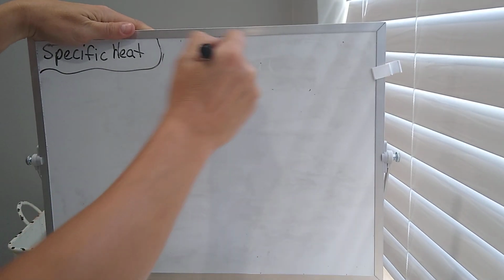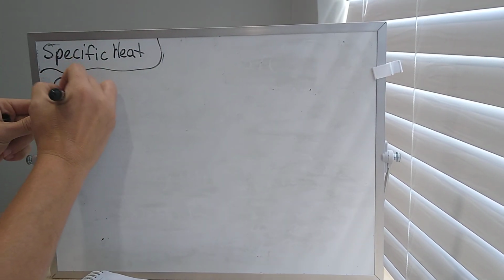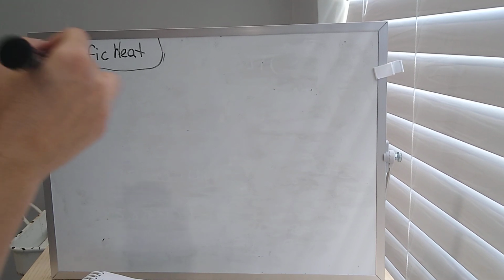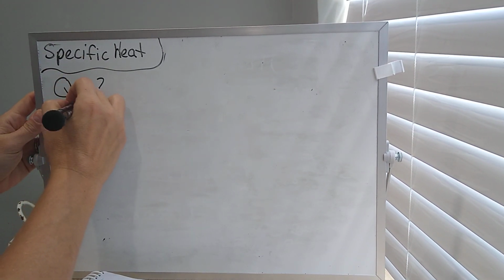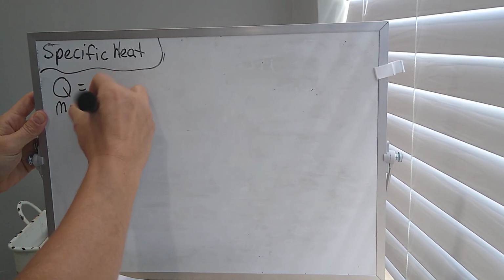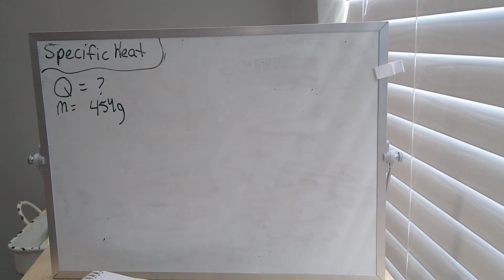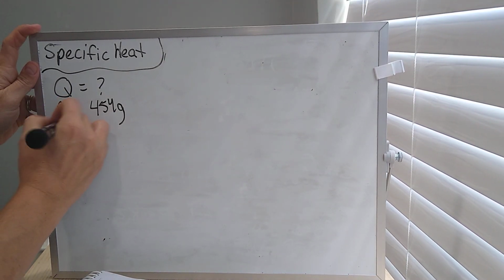It's represented by Q. So I'm going to do Q equals question mark. To raise the temperature of 1 pound or 454 grams, there we go, we've got our grams, which is our mass, 454 grams of aluminum from 25 degrees Celsius to its melting point, 660 degrees Celsius. So that's our change in temperature.